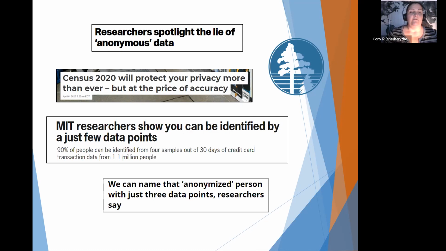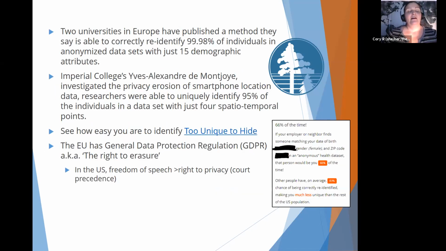One thing I found very interesting here too was the research that said folks could be identified, 90% of people, based on credit card transaction information. People are probably going to start using cash a little bit more. So with this, we're getting into more of the background of data privacy, demographic attributes.